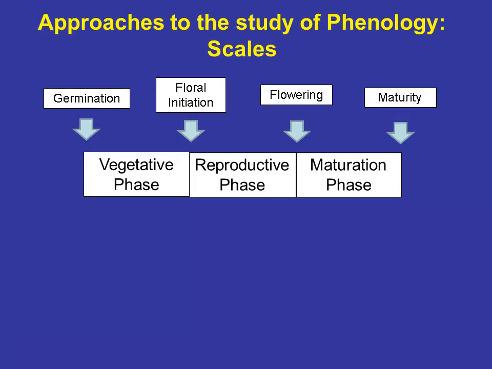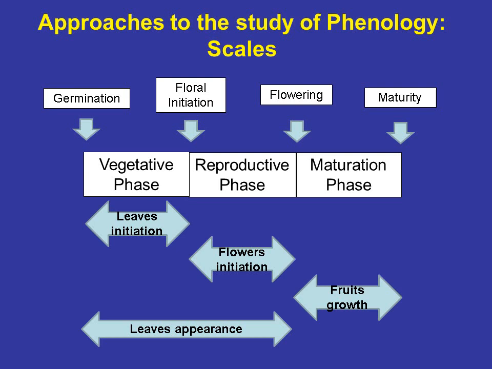The first approach to the study of phenology was of a qualitative type, based on the description of visible, conspicuous changes produced by plants along their life cycle. In this schematic representation, we have a simplified version of representative stages of an annual crop. These are the vegetative phase, the reproductive phase, and the maturation or grain filling phase. Different organs are initiated and start growing in each phase.